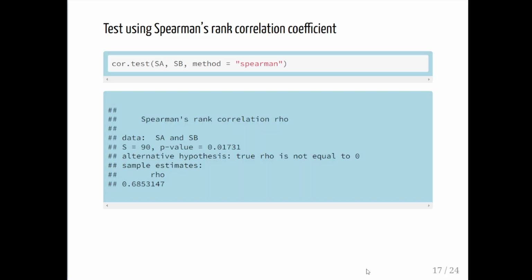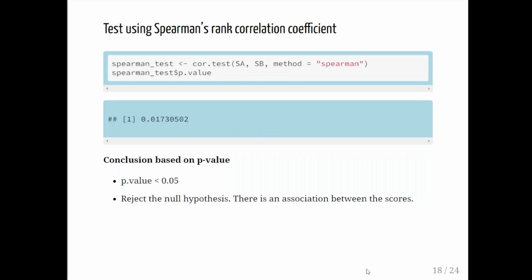It's the one thing that stays consistent between the three tests. We save that test as spearman_test and extract the p-value, and there we have it again, 0.01730. Again, the p-value is less than 0.05, so we reject the null hypothesis and conclude that there is an association between the scores based on Spearman's rank correlation coefficient.